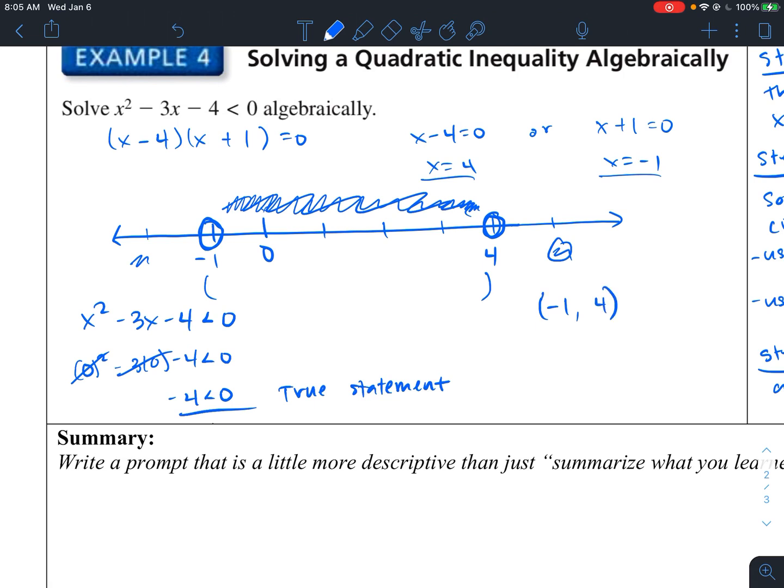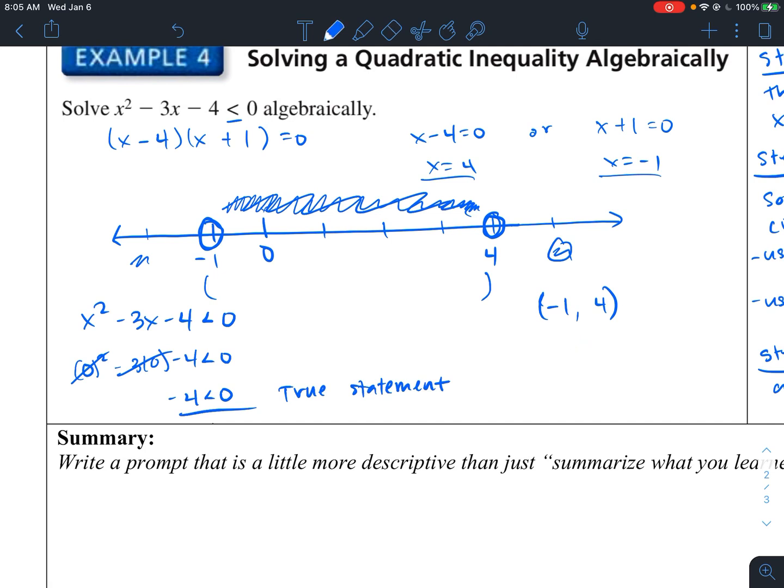Now, if it's not greater than or equal to, or less than or equal to, then we're going to use parentheses. If this had been less than or equal to, we would have used brackets. Like this, brackets.